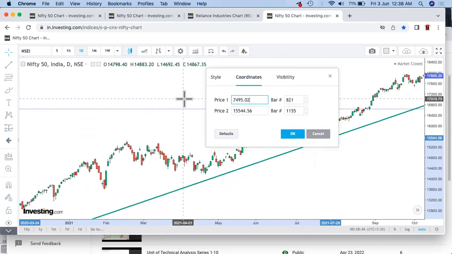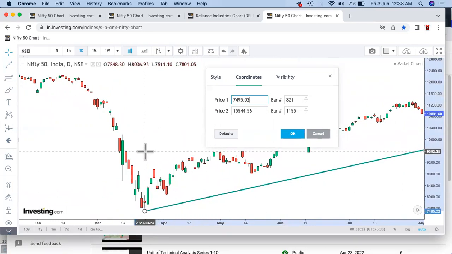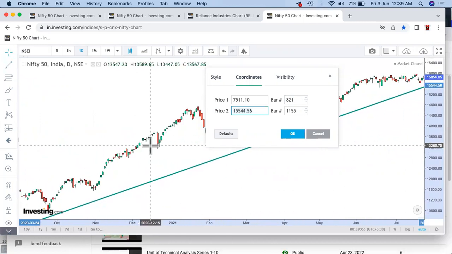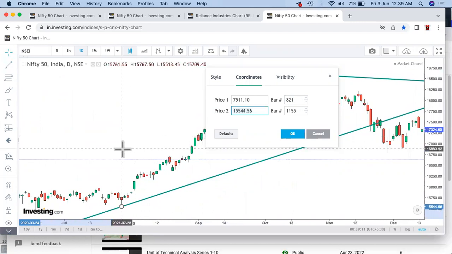Just mark down the lows so that it becomes easier for me. 7511.1, right? And I go to a higher low, which is probably this low, that is 15513.45, right?